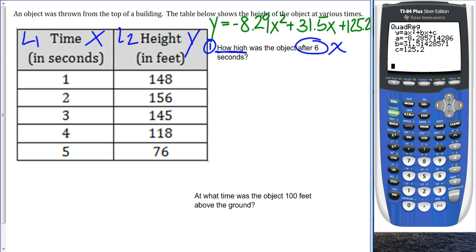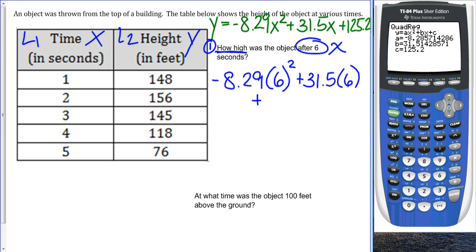This is an easy scenario because we can use our equation and just substitute our x value in. Oops, that's not a decimal, that's 125. And see what that equals.